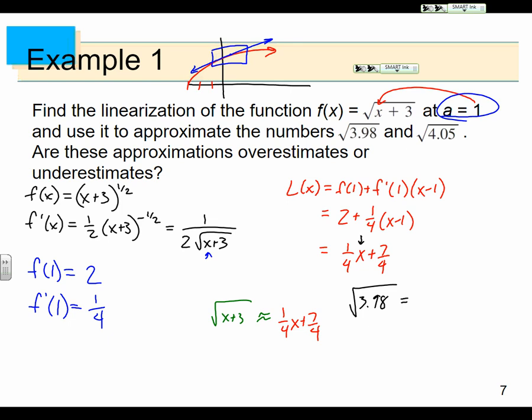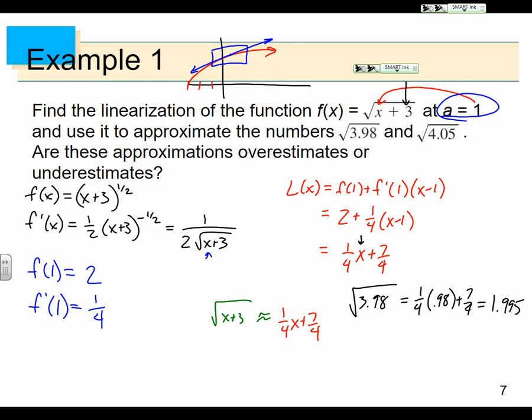As you can see, it's going to be 1/4, and whatever is getting added to 3 here would just be 0.98 plus 7/4. So obviously that turns into a calculator problem. 1.995 would be a 3 decimal approximation on that.